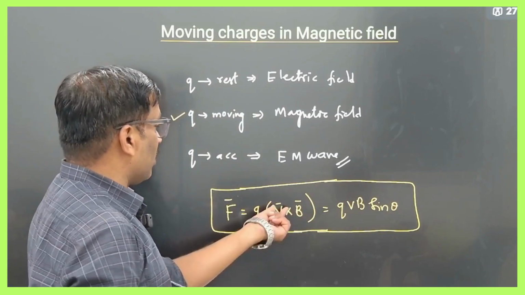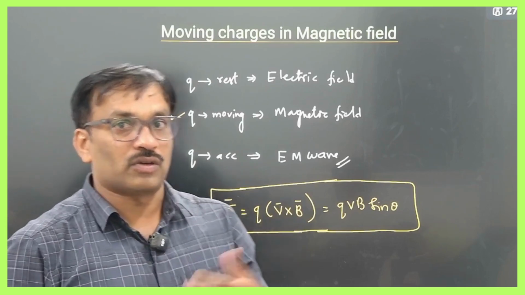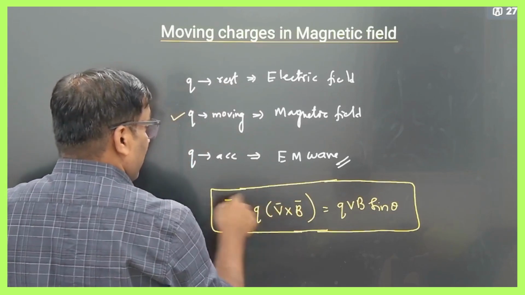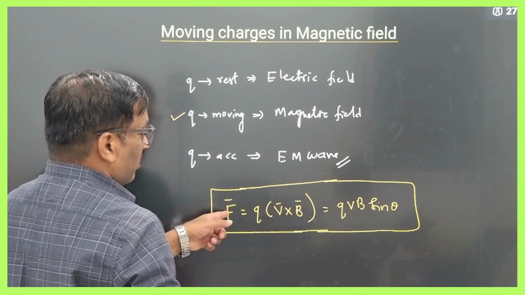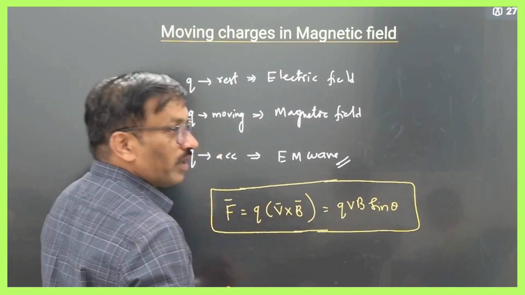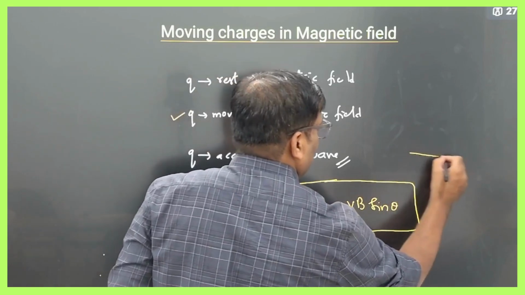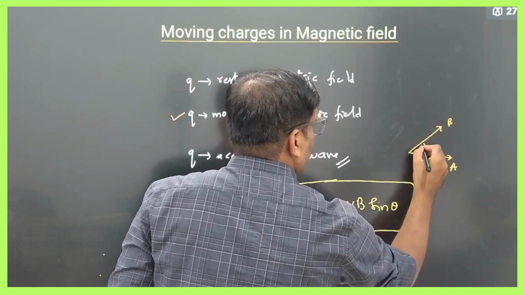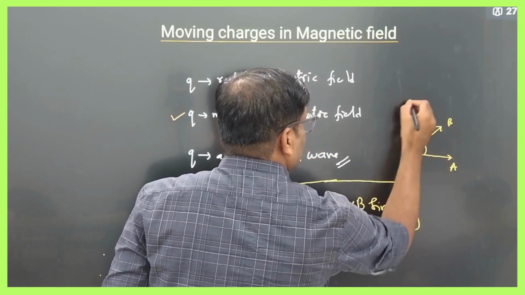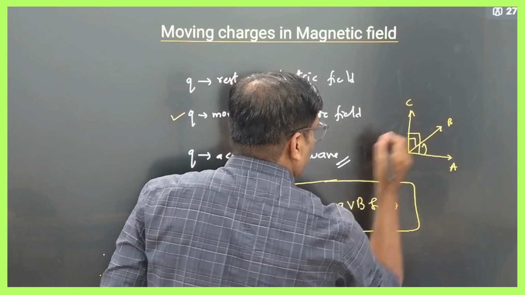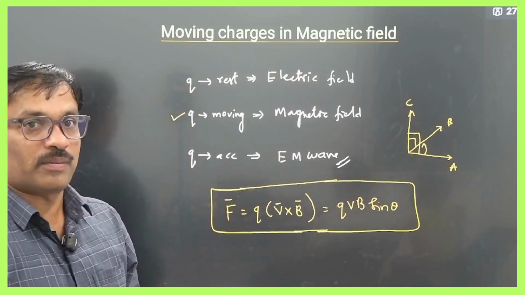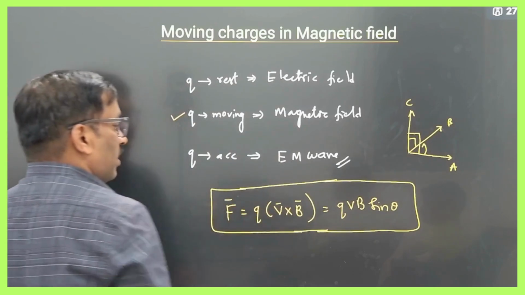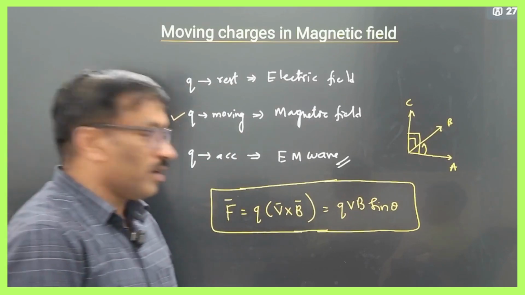We already know how to do the cross product. The direction of the force is always perpendicular to V and B. If vector A and vector B are cross multiplied, you get C, which is perpendicular to both A and B. So the force is perpendicular to the velocity and perpendicular to the magnetic field.